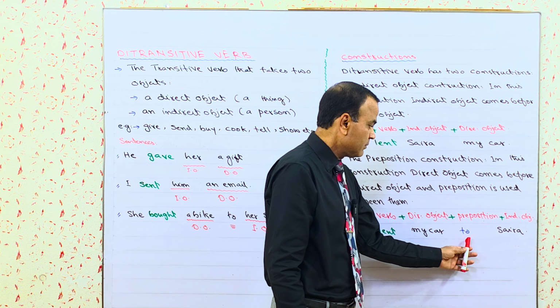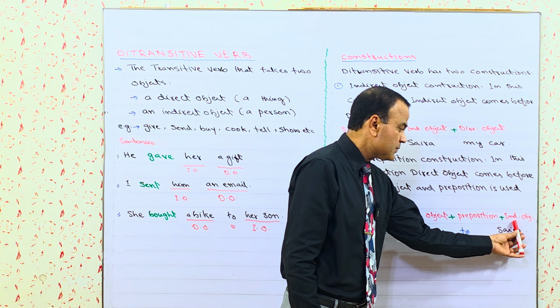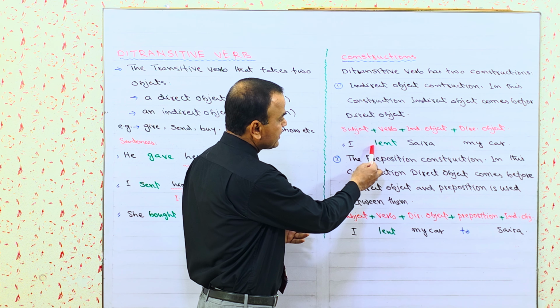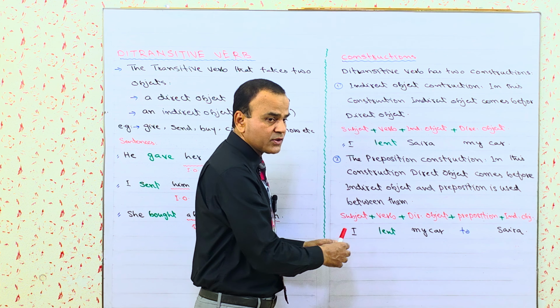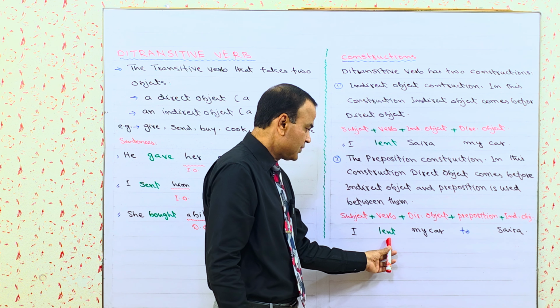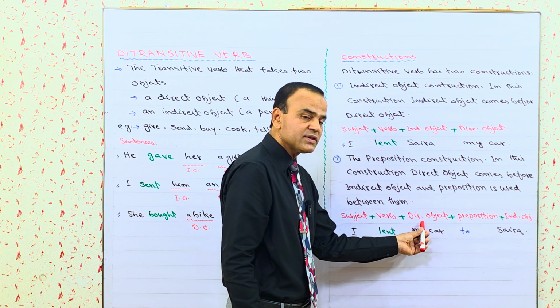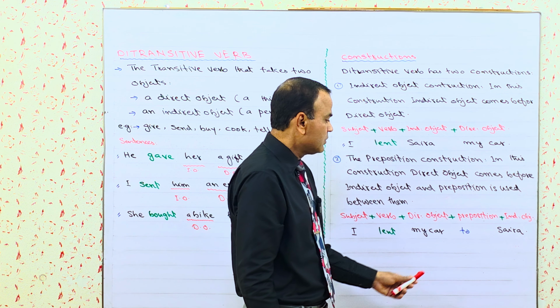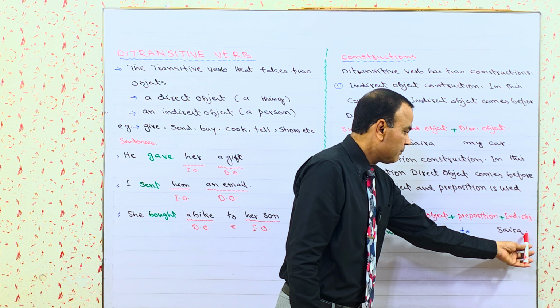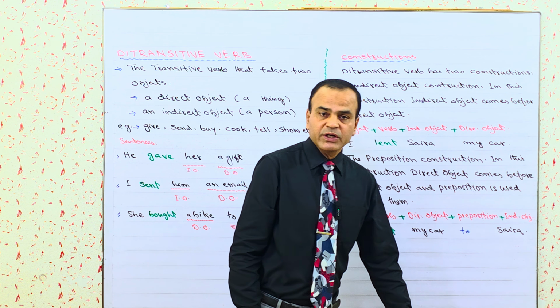That is necessary. And then we use the indirect object. Like if I convert the same sentence into this construction, that would be: I lent my car, which is the direct object, to, which is a preposition, Sarah, the indirect object.